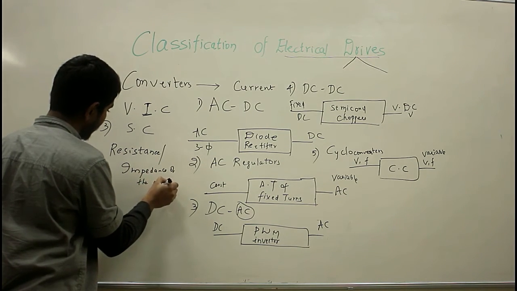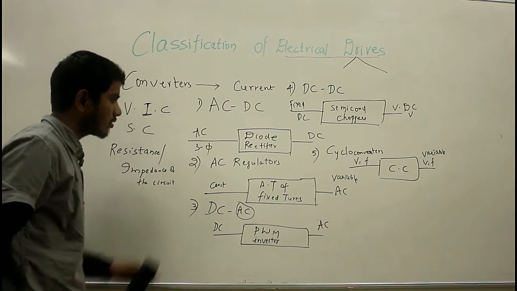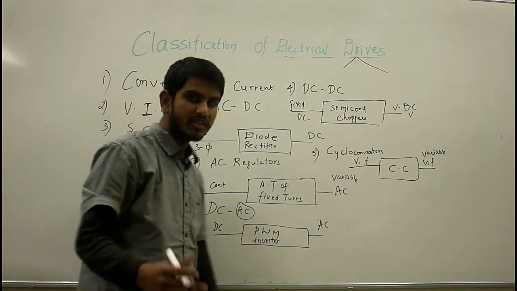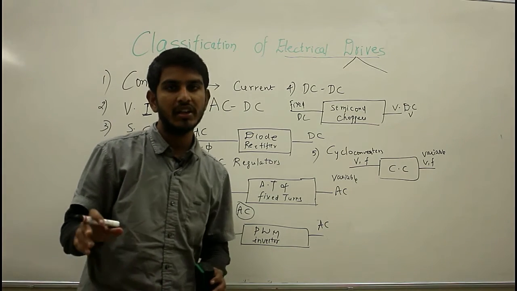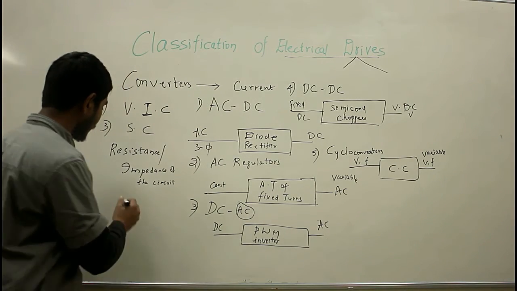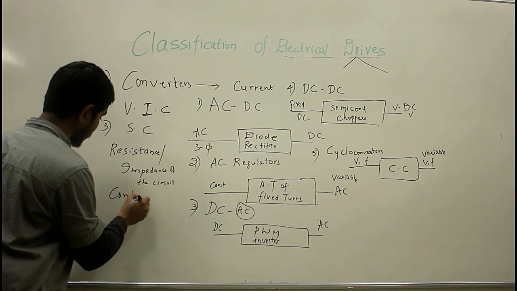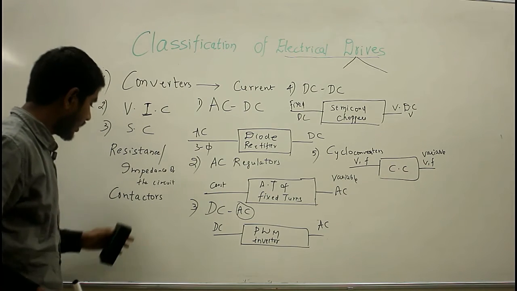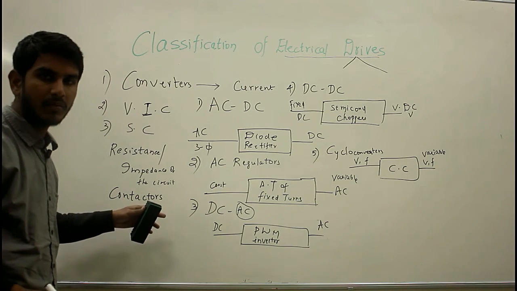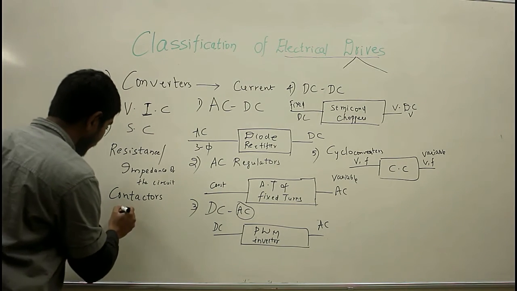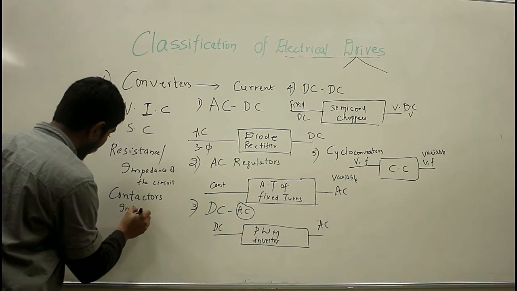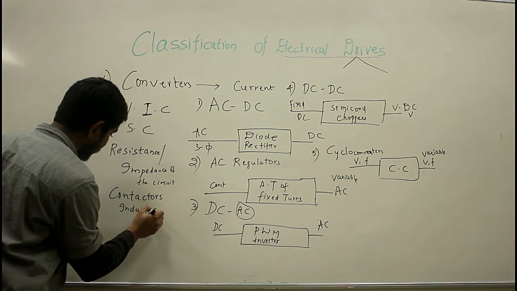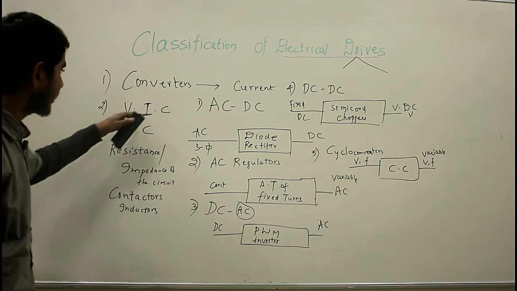But these can be employed only for low cost DC or AC drives. There can be two or more steps which can be controlled manually or automatically with the help of contactors, and to limit the current flowing into the AC motor, inductors are being employed. So this is about your variable impedance circuits.